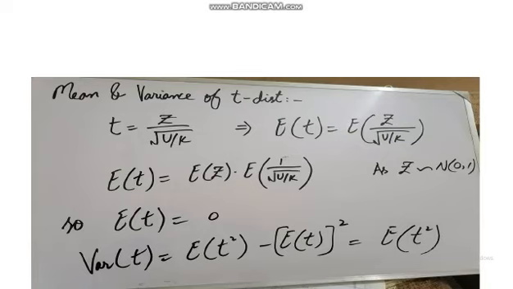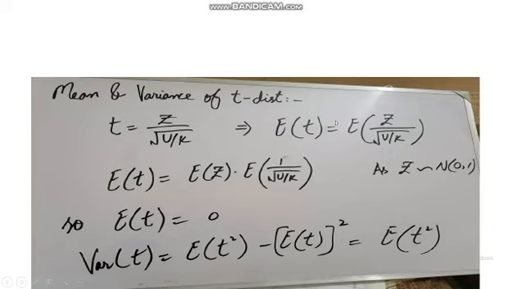Next is the mean and variance of the t distribution. For finding the mean and variance, we will solve by definition. As we know, t is equal to z over square root of u over k, and for finding its mean, we need to take its expectation.